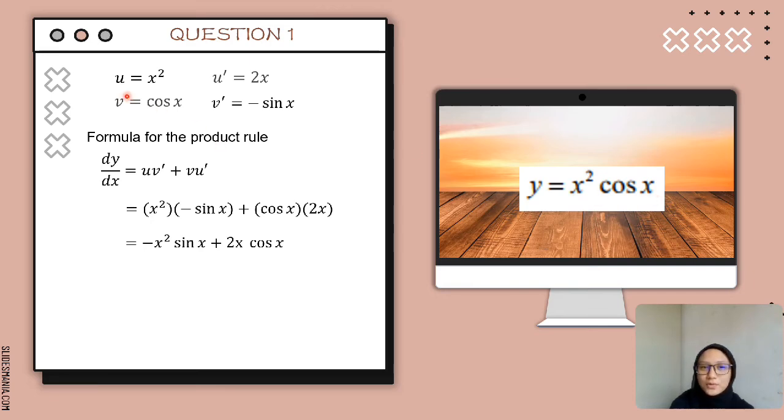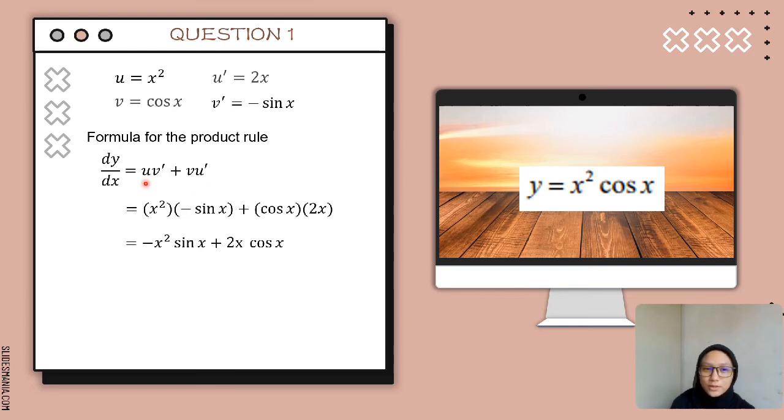So we get u equals x squared, while u prime, the derivative of u, is 2x. And v equals cos x, while the derivative of v is negative sin x. We have determined all the values of u prime, v and v prime. So we insert into our formula, which is dy over dx equals u multiplied with v prime plus v multiplied with u prime.